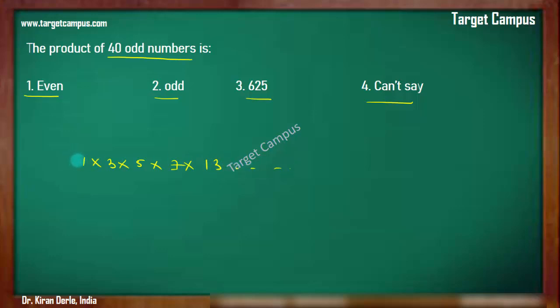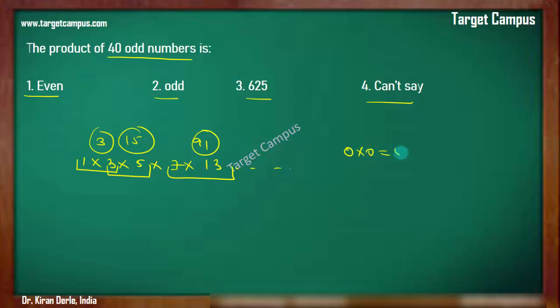If you multiply these two numbers, you're going to get 3. If you multiply any two numbers, you're going to get 15, and this into this is 91. So odd into odd, we are getting an odd number only. I hope you are getting this point, right?